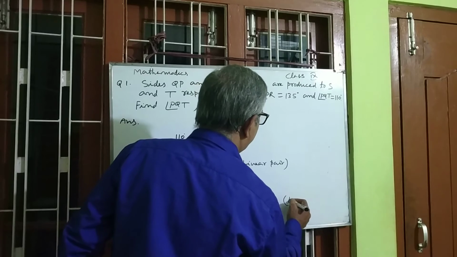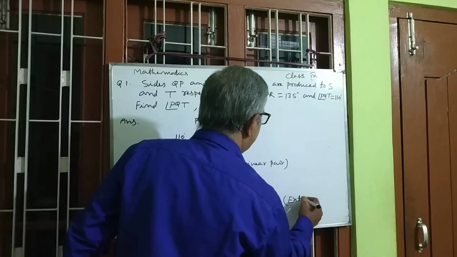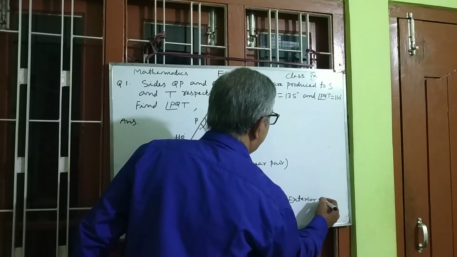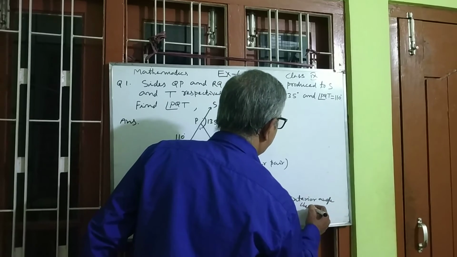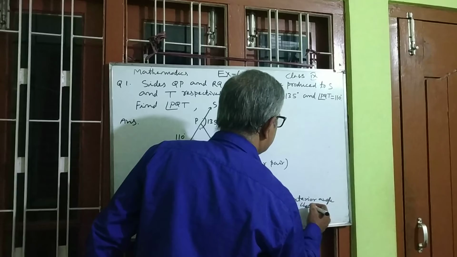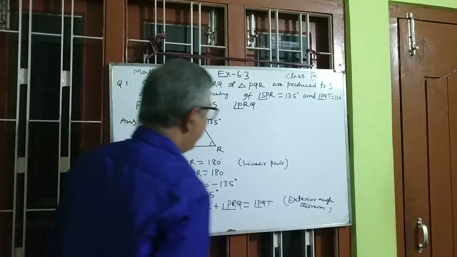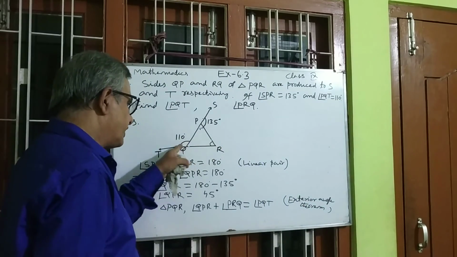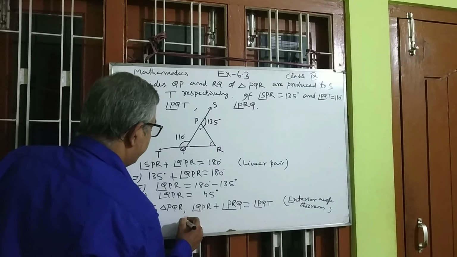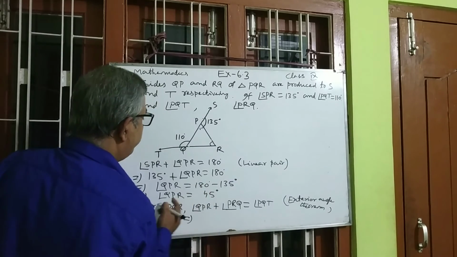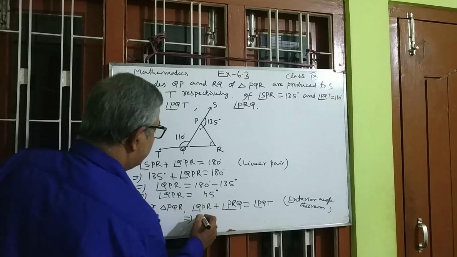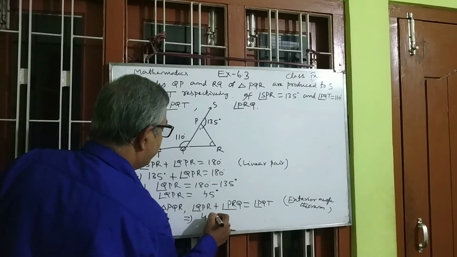Exterior angle theorem. What is the exterior angle theorem? The sum of two remote interior angles is equal to the exterior angle. Now you can write QPR. Earlier you got QPR is equal to 45 degrees.